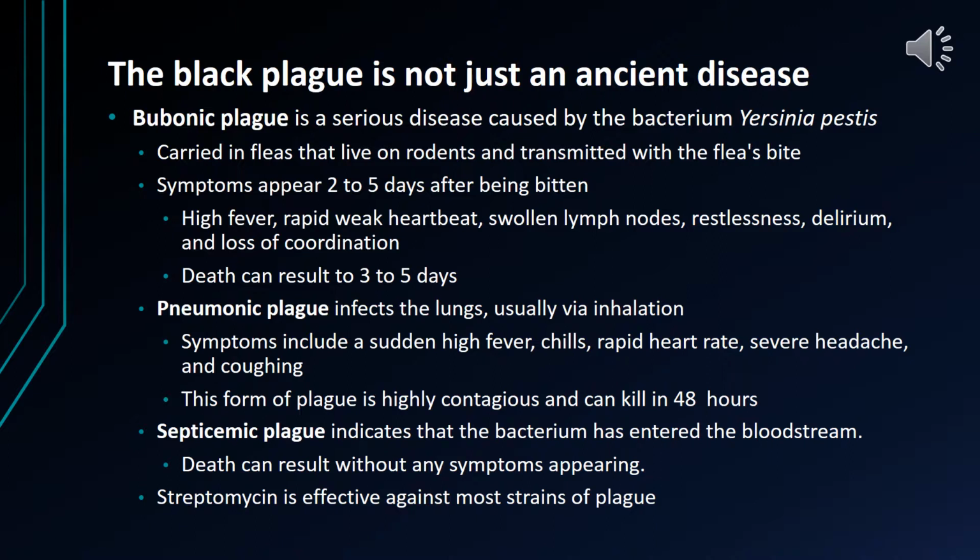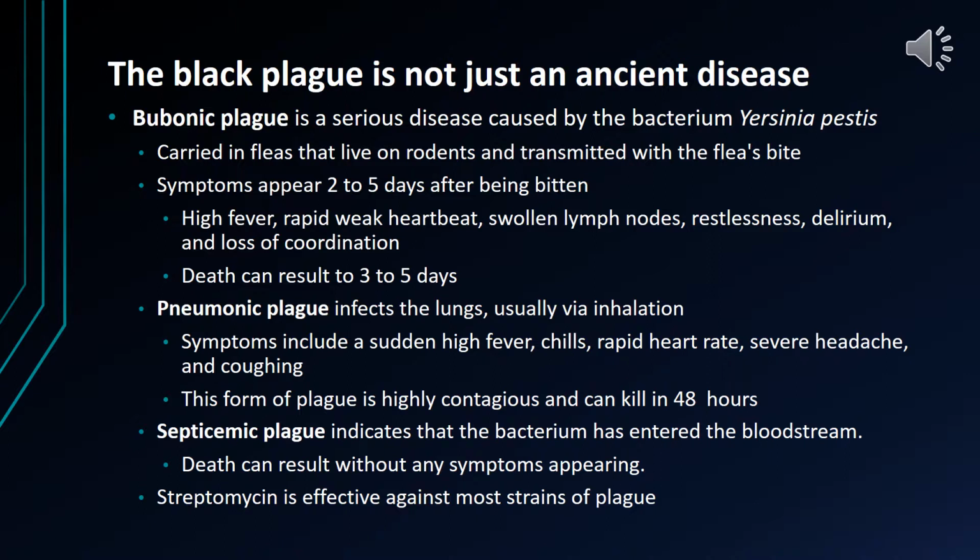Another type of bubonic plague is pneumonic plague, which infects the lungs, usually via inhalation. And the symptoms of this type of plague include sudden high fever, chills, rapid heart rate, severe headache, and coughing. And this form of the plague is highly contagious and can kill in 48 hours.